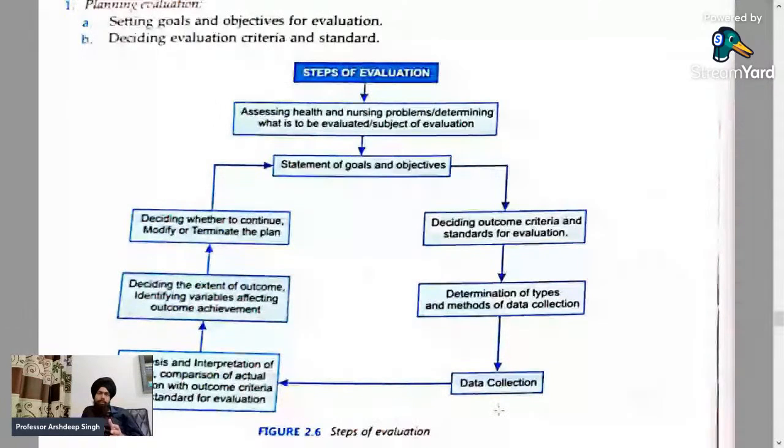So there might be a problem in the assessment, the planning, or the intervention phase, so you have to change that. Otherwise, if you are successful in achieving the set objectives, then your nursing process is successful. So those are the steps of evaluation. Okay.